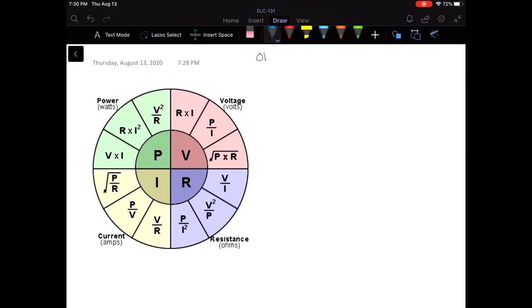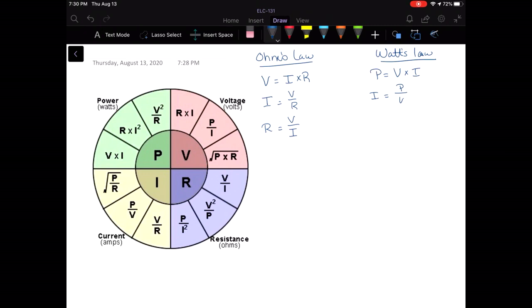They came from Ohm's law, which says that V is equal to I times R, or I is equal to V over R, or R is equal to V over I. And from Watt's law, which basically defined power as voltage times current, or current is power divided by voltage, or voltage is power divided by current. So we can find any of the other equations this way.